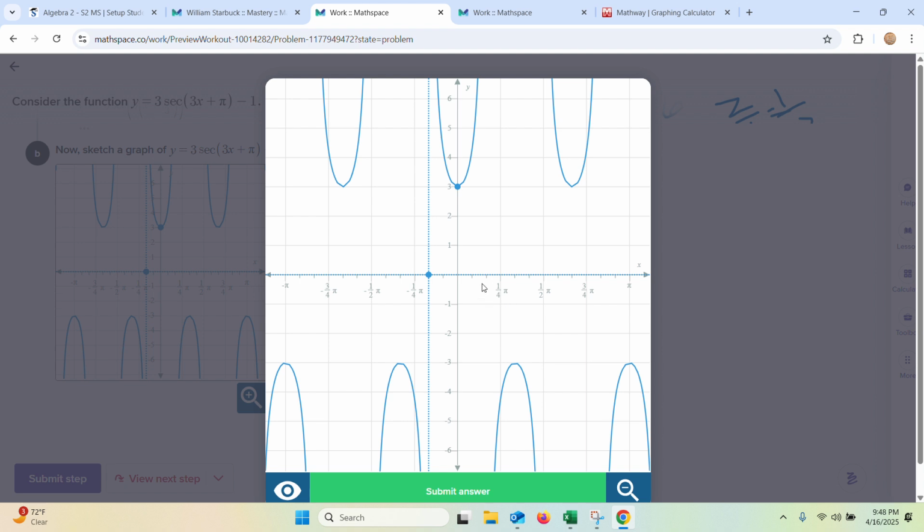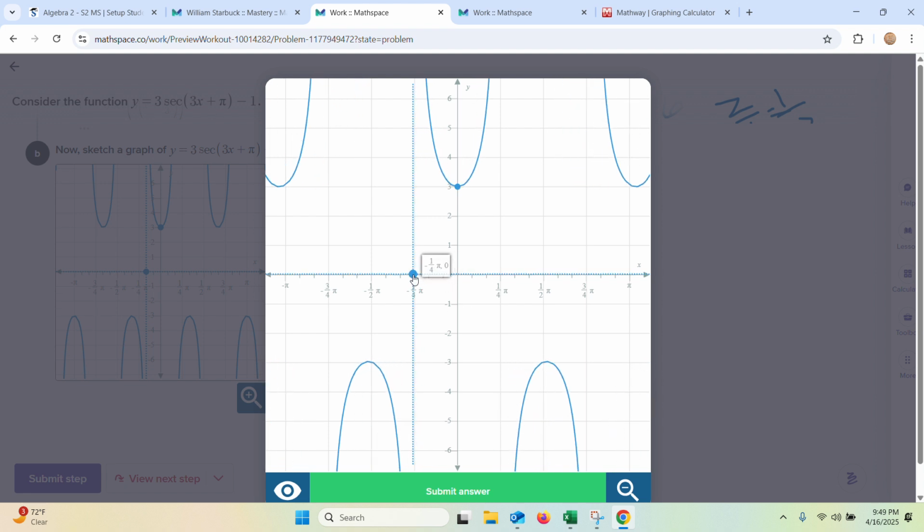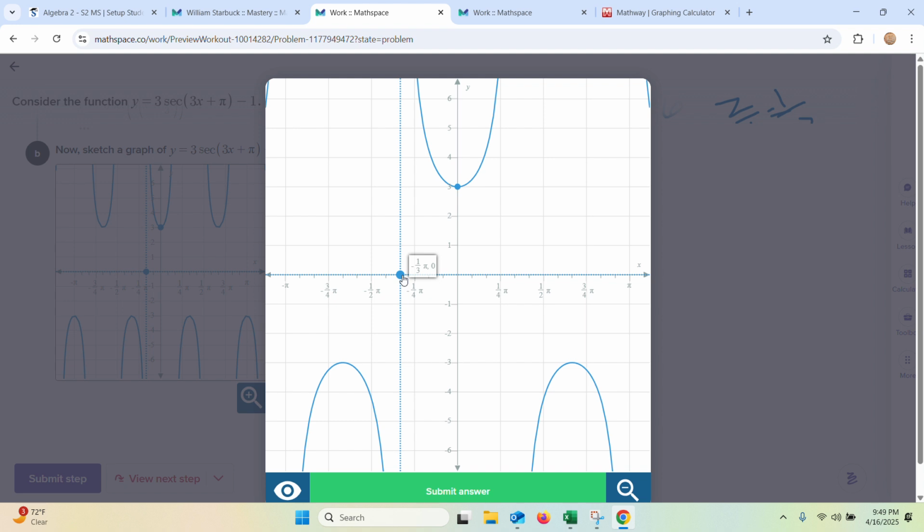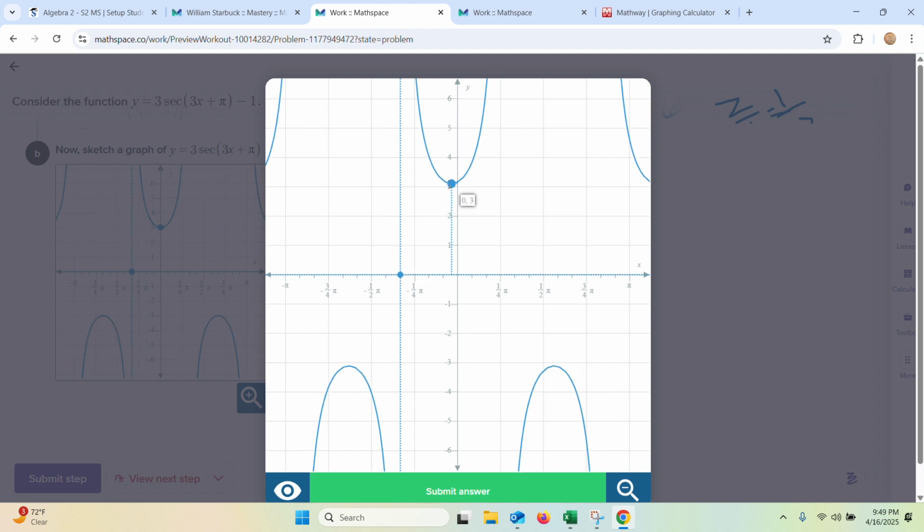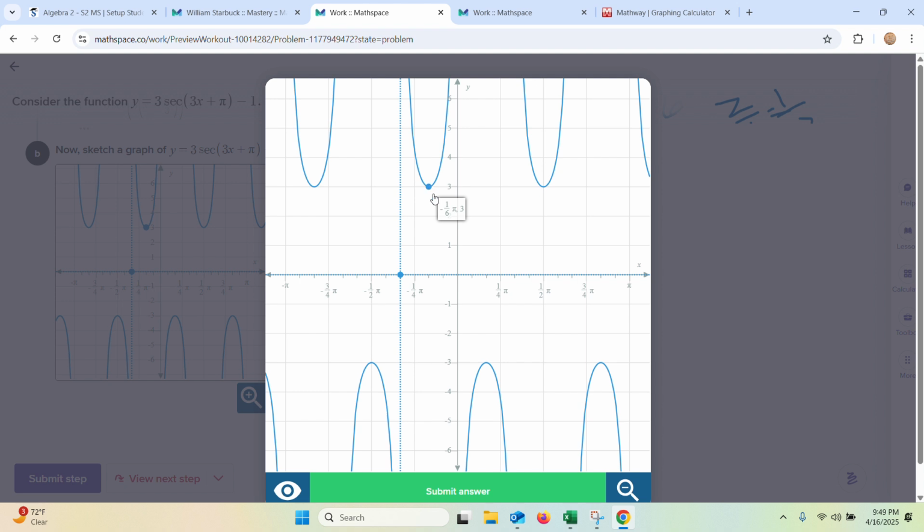Pi over 3 is the same thing as 2 pi over 6. This is pi over 6 and it's 2 tick marks. So we're going to move everything 2 tick marks to the left. So this one goes 2 tick marks. See, it's on the third. This one goes 2 tick marks.